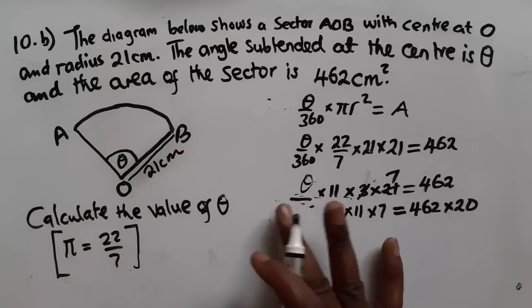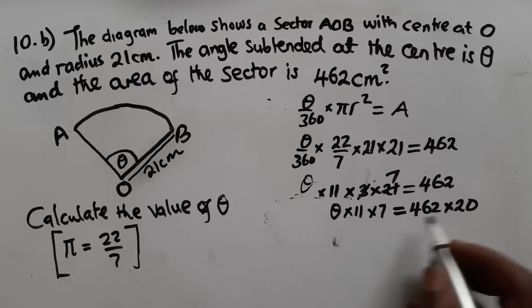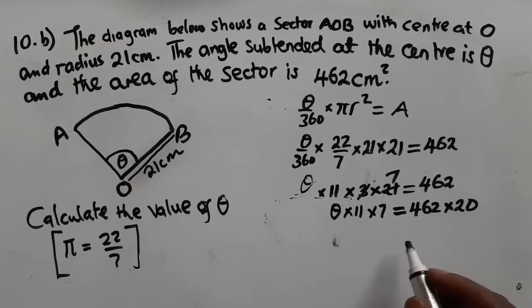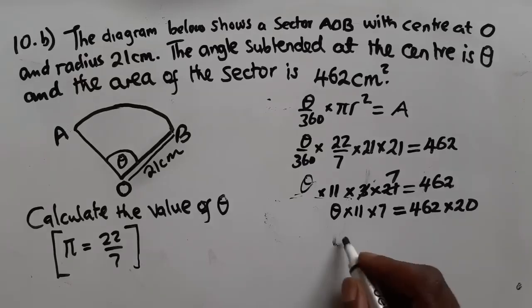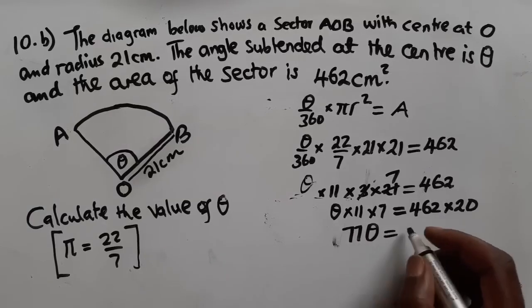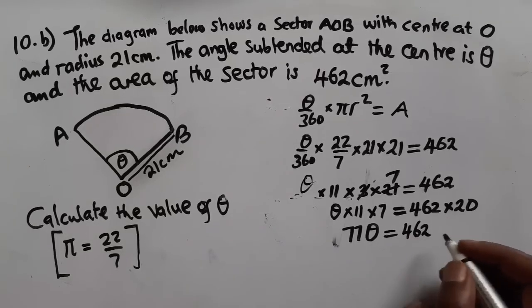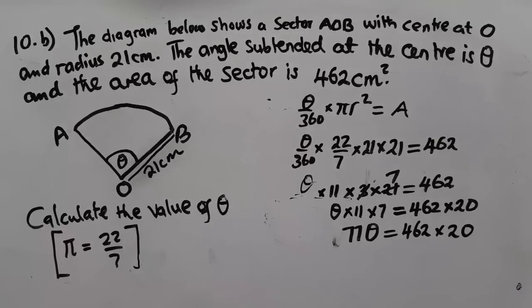Now, this is a point at which we have to begin to work out on both sides and simplify to see what we are going to get. That is the bottom line. So we are going to have 77 theta equals 462 multiplied by 20.